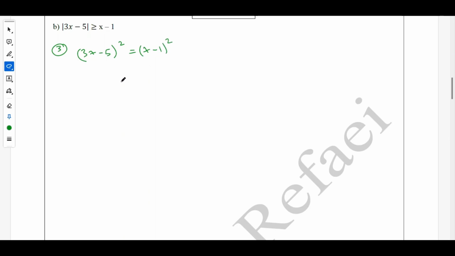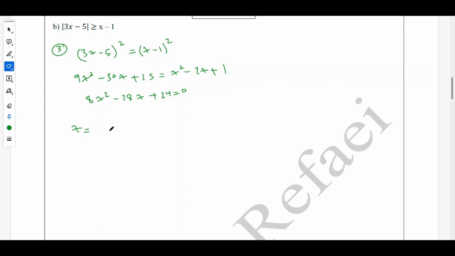I'm going to use the same steps I used to solve modulus equations. 9x squared minus 30x plus 25 equals x squared minus 2x plus 1. So 8x squared minus 28x plus 24 equals 0.